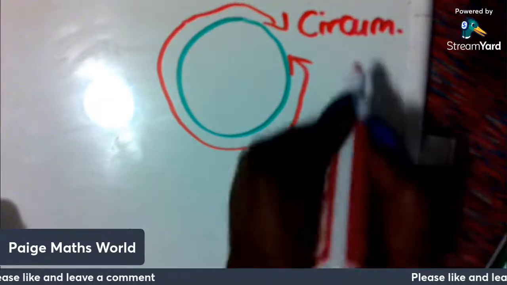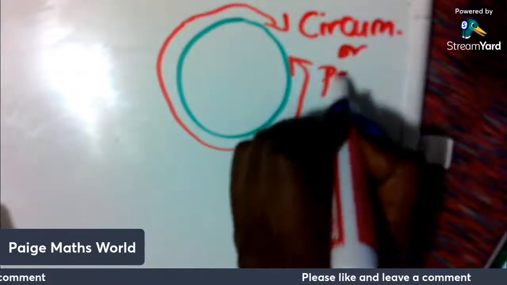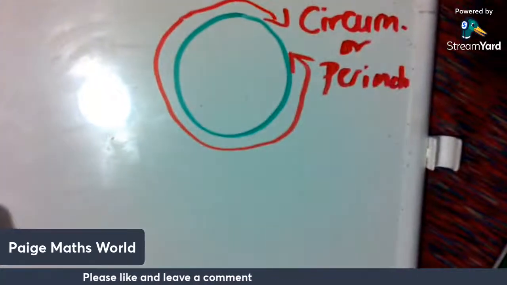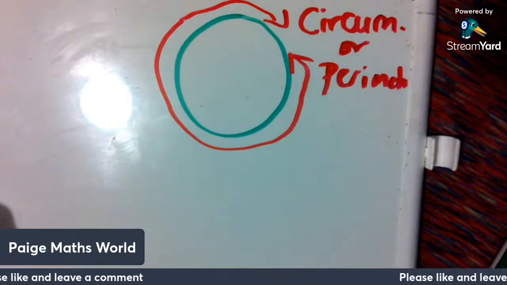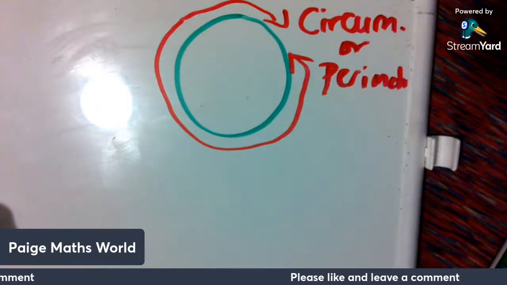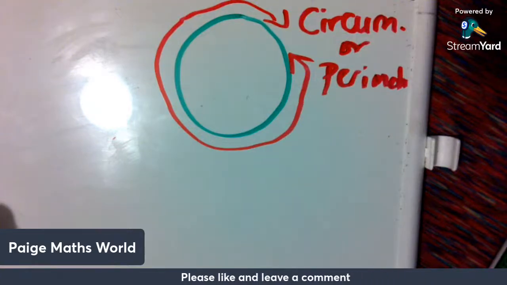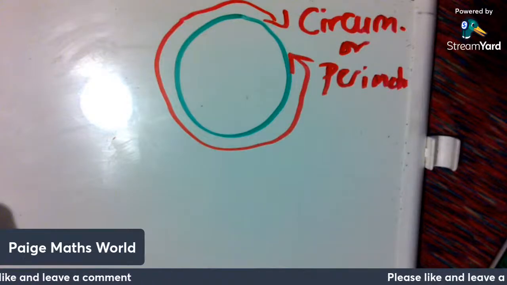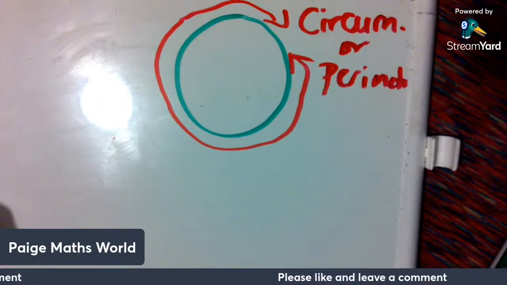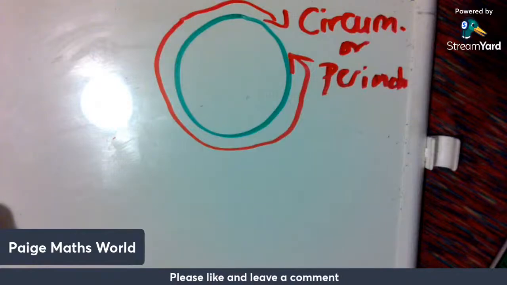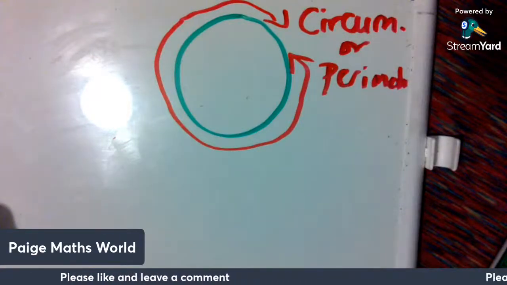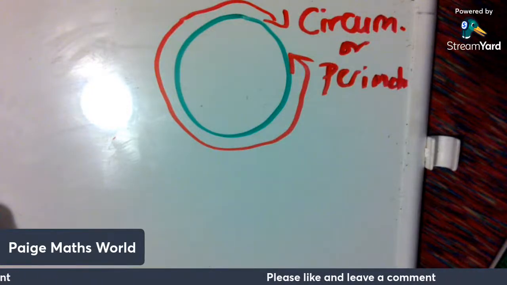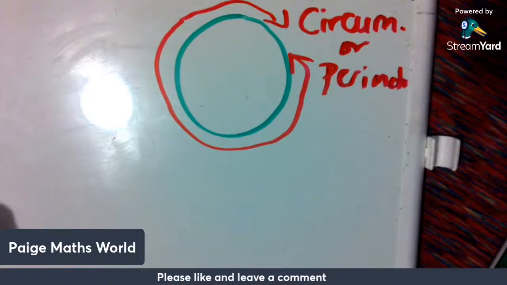Or the perimeter. Back home, I never knew this when I was in high school in Jamaica. I knew the circumference is around the circle, but I never knew that it is the same thing as a perimeter. When I was doing my CXC and I saw "what's the perimeter of the circle", I said to the invigilator that I think they made an error, it should be the circumference of a circle.